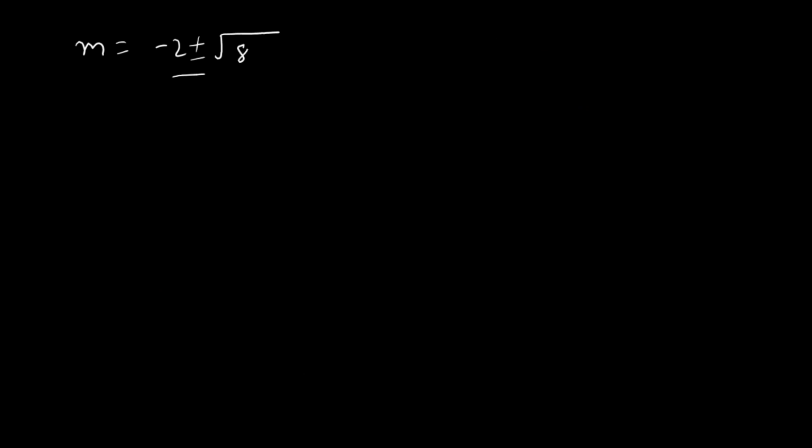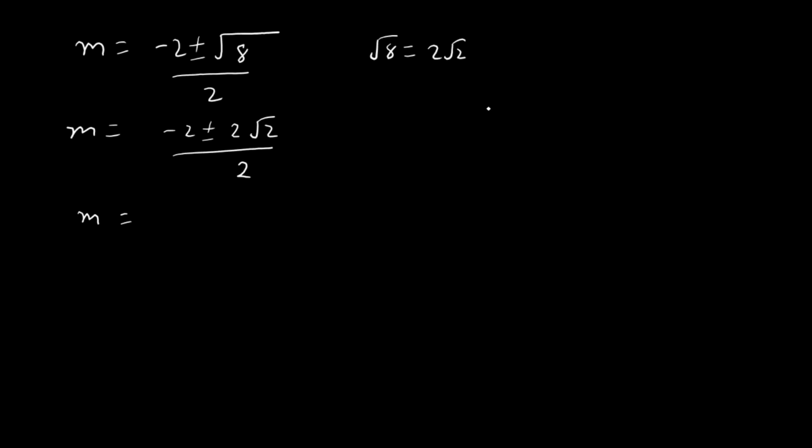Here 8 divided by 2. M is equal to, we know that square root of 8 is the same as 2 times square root of 2. Then minus 2 plus minus 2 times square root of 2, divided by 2. Now we know that a plus b over c is equal to a over c plus b over c.